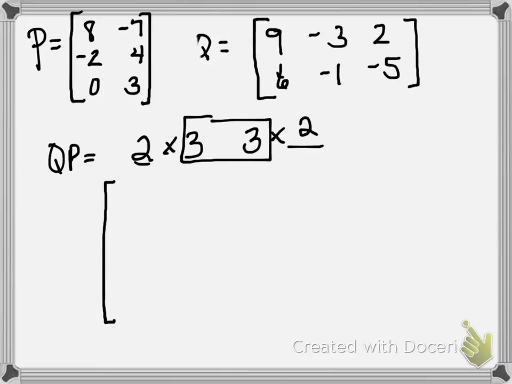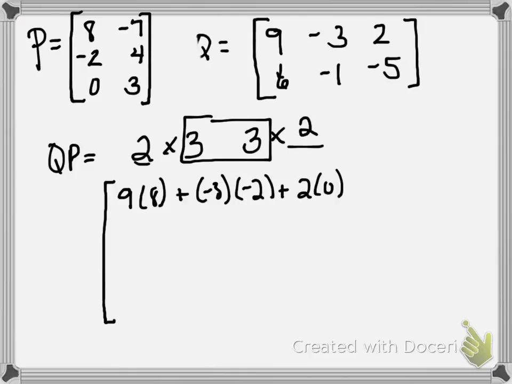So now let's look at what we end up having here. For me, it's really hard to see it written in this order. I have to rewrite it as writing my Q first, then my P. But I'm going to do the 9 times the 8 plus the negative 3 times negative 2 plus the 2 times the 0.